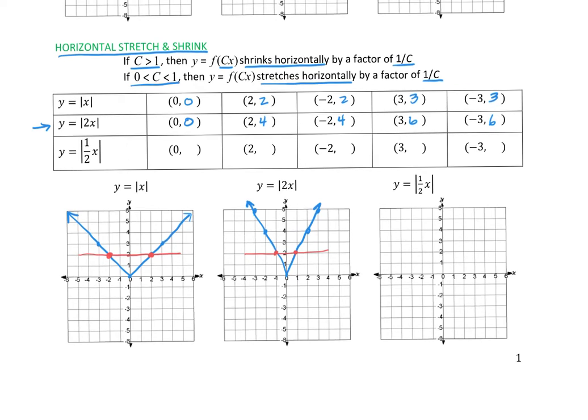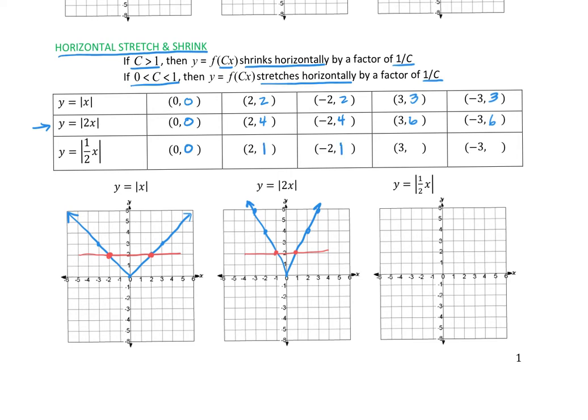Hopefully that makes sense. Now let's look at the last equation, y equal to the absolute value of 1/2 x, and we'll plot points. So again, I can see by the definition that this should stretch out horizontally. So let's see what that looks like. If I put in 2, I get the absolute value of 1, which is 1.